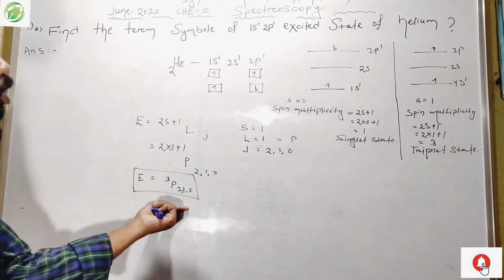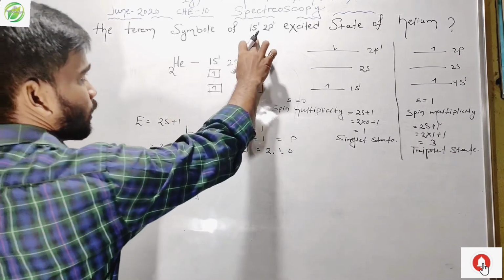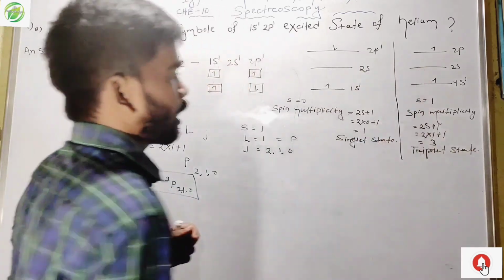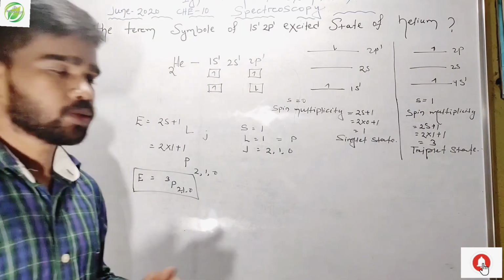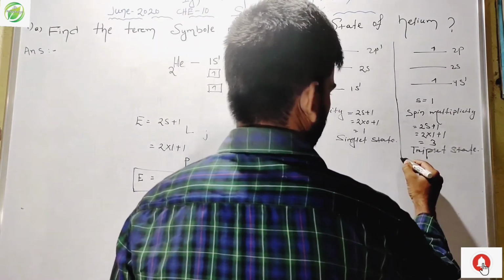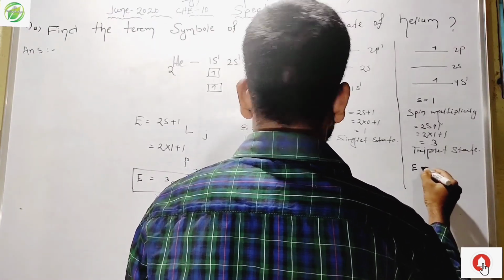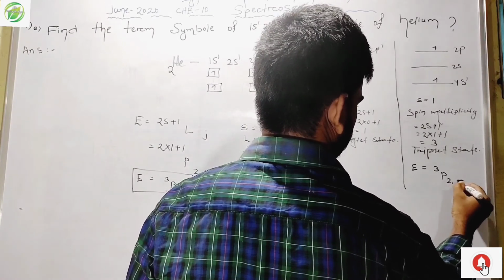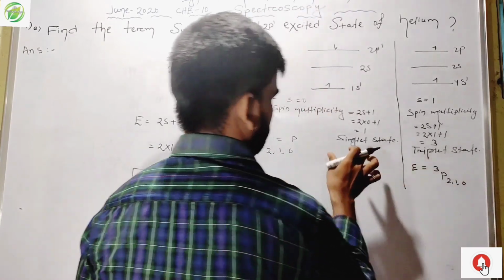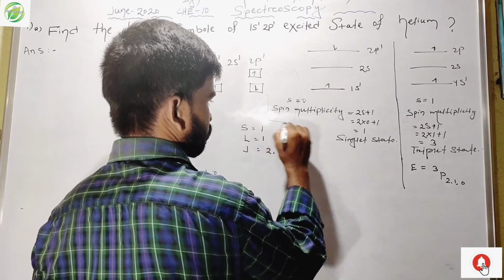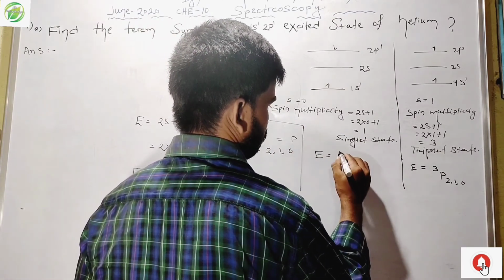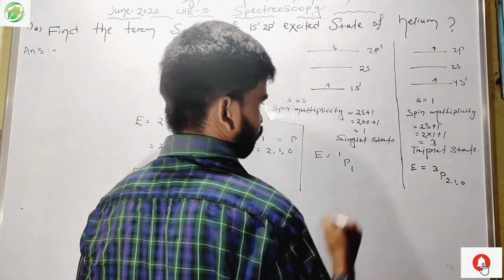This is the term symbol of the 1s1 2p1 excited state of helium in this arrangement. Friends, we already calculated the term symbol in the other arrangement, 1P1.